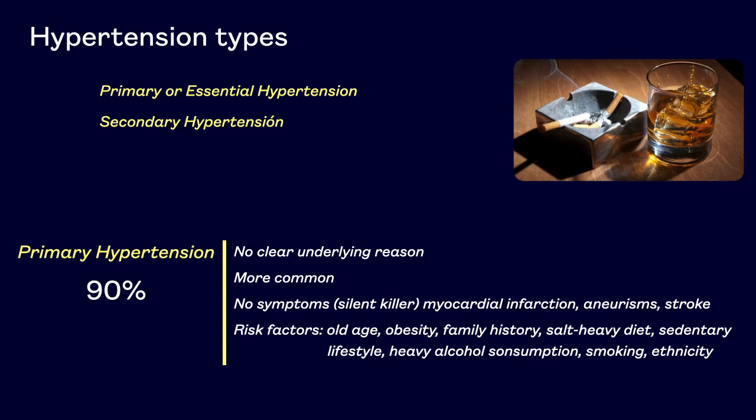vessel damage, which, as you already know, is a risk factor for atherosclerosis that may lead to myocardial infarctions, aneurysms, or strokes. So risk factors for primary hypertension include old age, obesity, family history, a salt-heavy diet, sedentary lifestyle, heavy alcohol consumption, smoking, and also race.